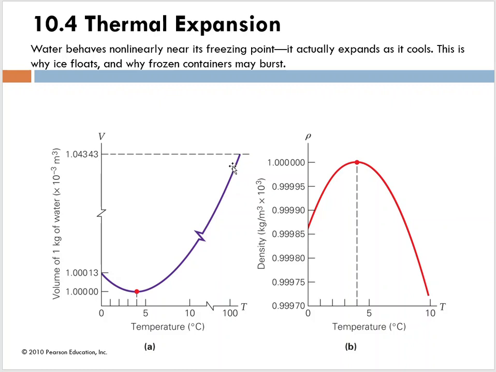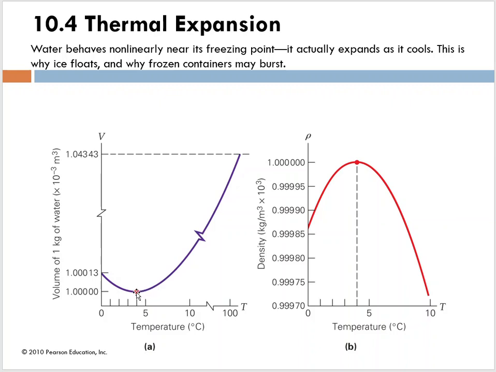ice will float. What I want you to notice here is, as we start to cool water down, we have temperature and the volume. As the temperature decreases in the water, the volume will decrease, which is what we expect, up until about 4 degrees.